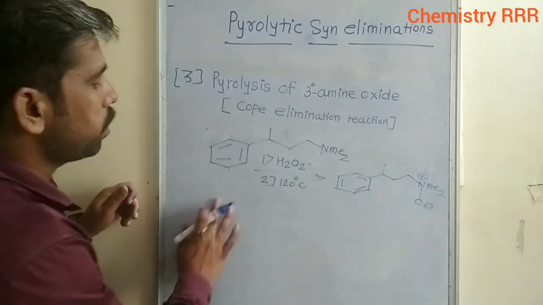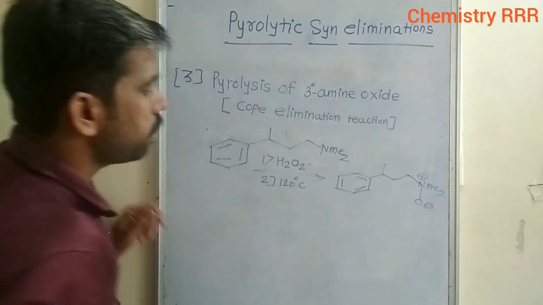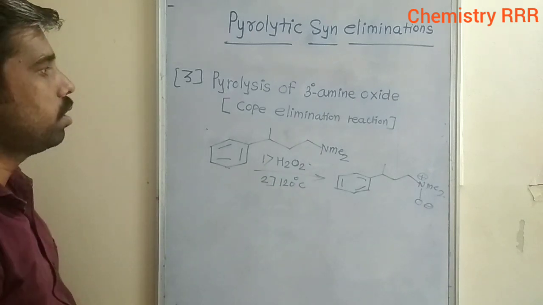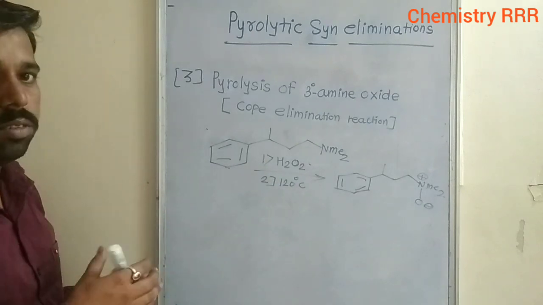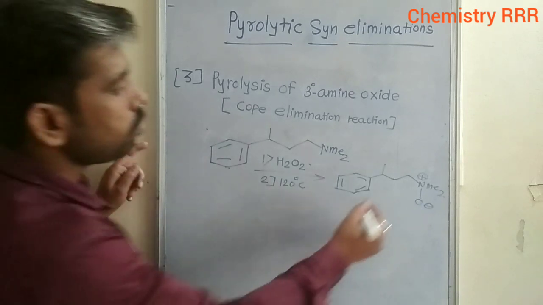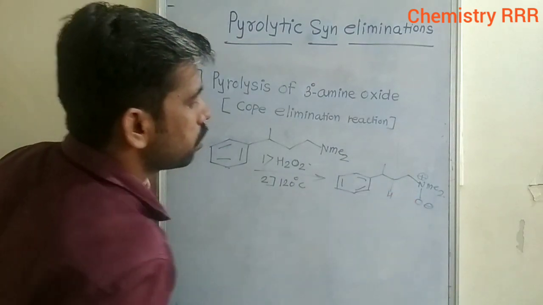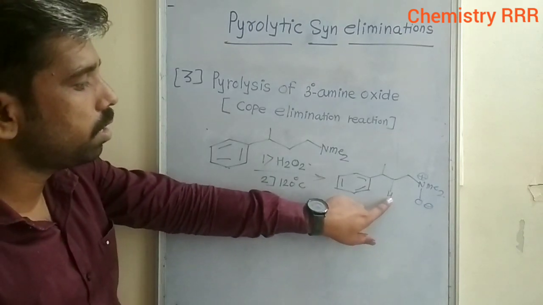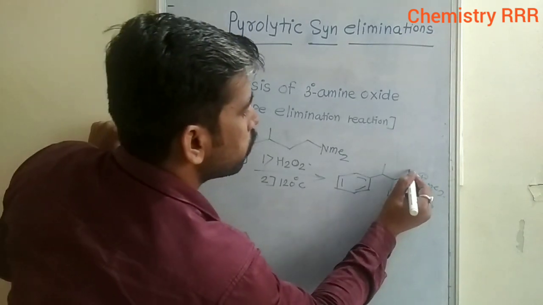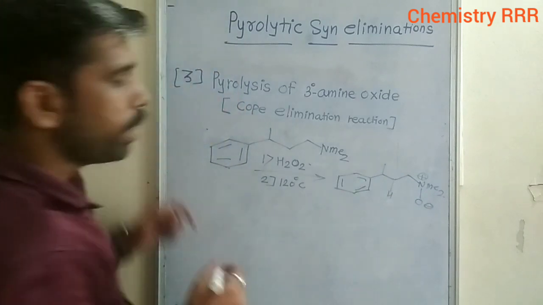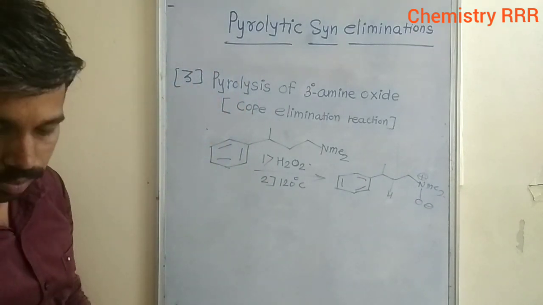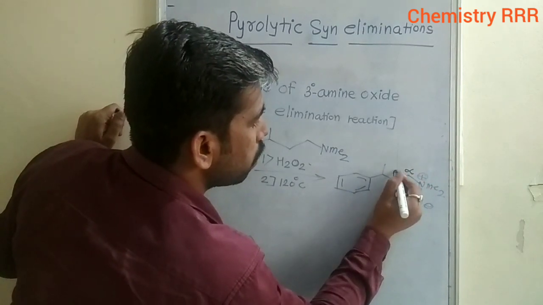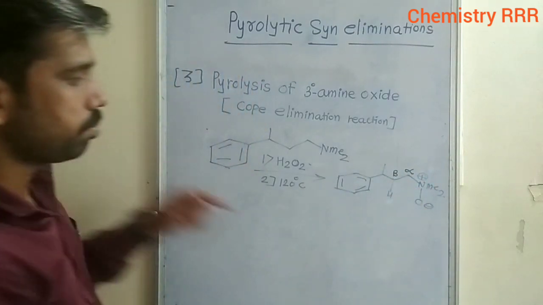Now in the next step, the next condition is 120 degree temperature, and you know that high temperature is the condition for the pyrolysis. In this reaction there is a presence of beta hydrogen, there is alpha and beta hydrogen.